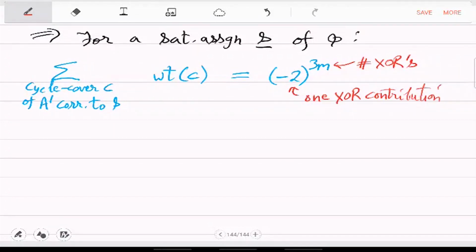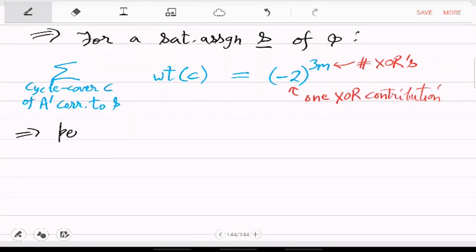And remember that this will be multiplicative, right? Because these XORs are different, so it's not actually additive. It's not -2 added 3m times. It's actually -2 multiplied 3m times, because you can choose independently amongst XORs what cycle cover to take. So that's what you get, which now gives you complete information about permanent of A prime.